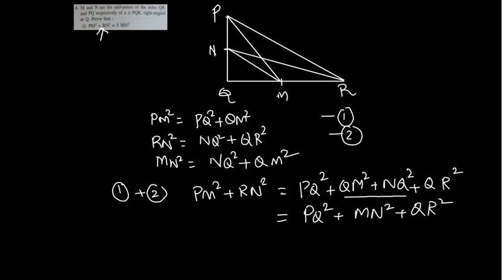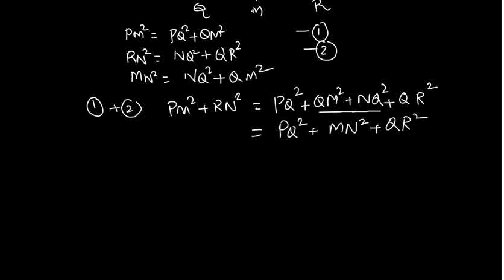So 1 by 2 QM whole square plus MN squared, plus this is also 1 by 2. Is this a QR squared? Oh yeah, QR squared. So this is half NQ squared. Half NQ whole square. So you will have 1 by 4 QM squared. Oh, then I think 2. I should have used 2, not half. 2 NQ. I think this is changed.